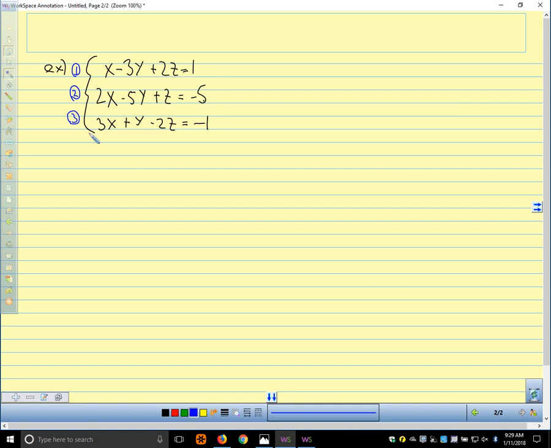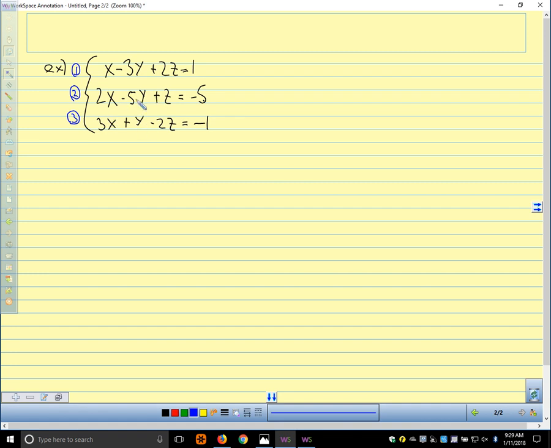So our goal, the idea here is we're going to use the first two equations to get rid of this 2x. We're going to use the first and the third equation to get rid of this 3x. So after our first two steps, we're going to get rid of the x's.